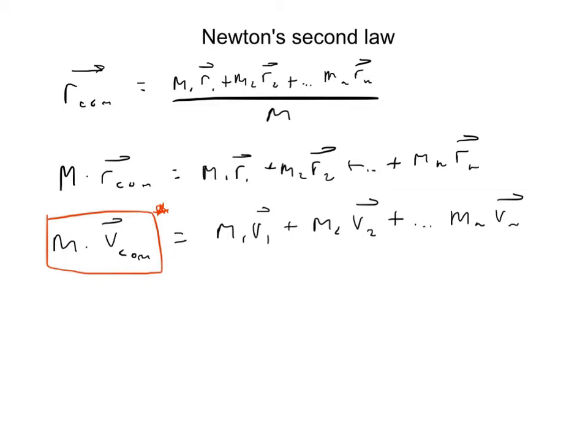But let's say, okay, let's take the derivative one more time. So if we take the derivative again, we get mass times the acceleration of the center of mass. Interesting. Equals all of the individual masses times their accelerations.